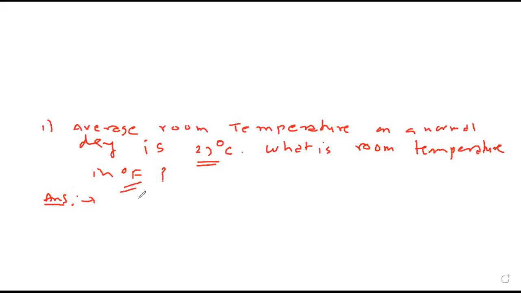We want it in Fahrenheit. So (Tc - 0)/100 = (Tf - 32)/180. 0 we can cancel. 2 into 5, 2 into 9.